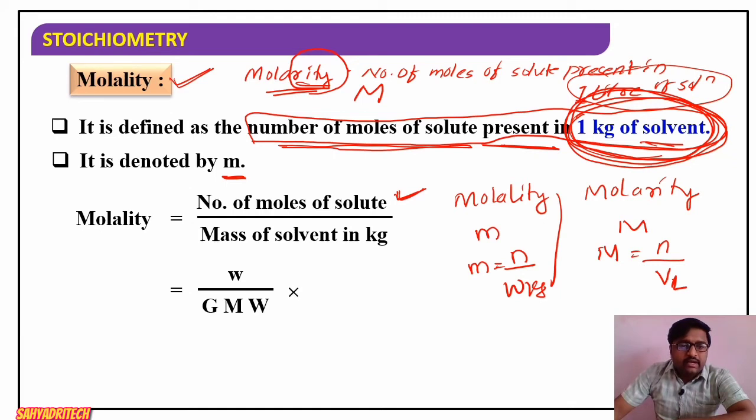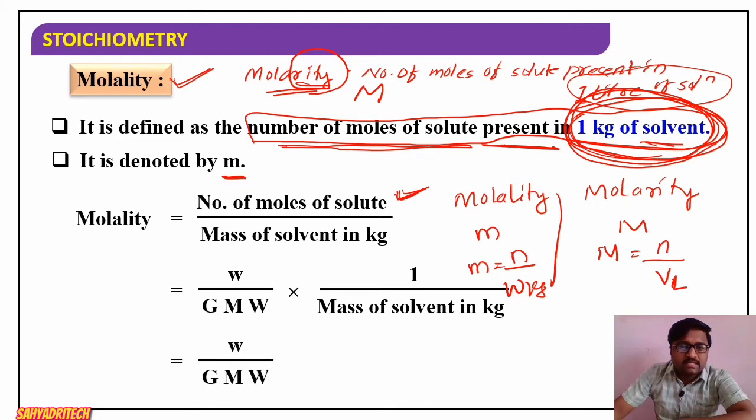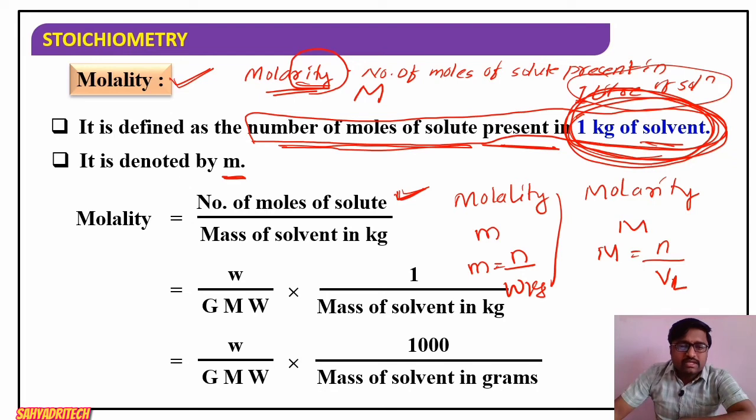If we consider the formula for molality, molality is equal to number of moles, which we get as weight divided by gram molecular weight, into 1 divided by mass of solvent in kg. Or in another way, weight divided by gram molecular weight into 1000 divided by mass of solvent in gram.